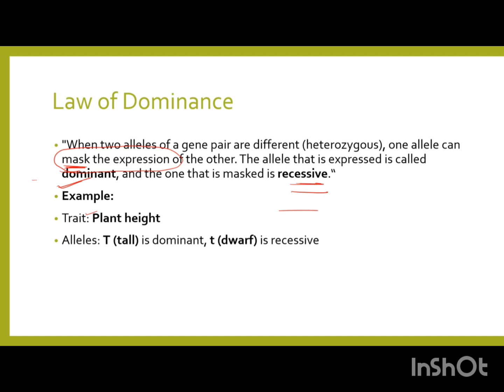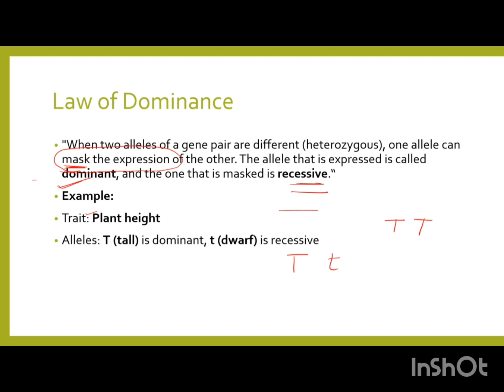So again I am reading it. When two alleles of the gene pair are different, one allele can mask the expression. When we say different, it means if one is capital T, another is small t. So the alleles are different. If there is capital T and capital T, then there is no law of dominance because capital T and capital T are equivalent and both are dominant.